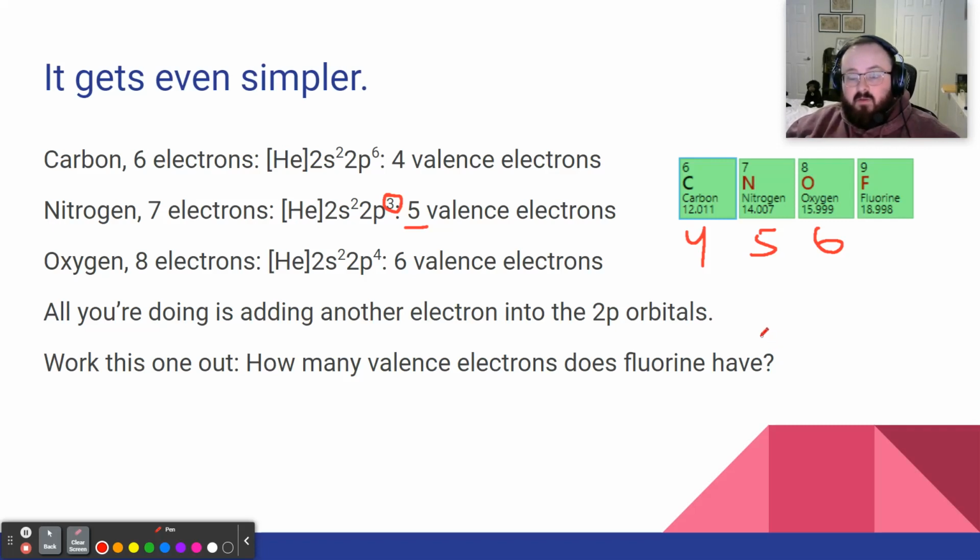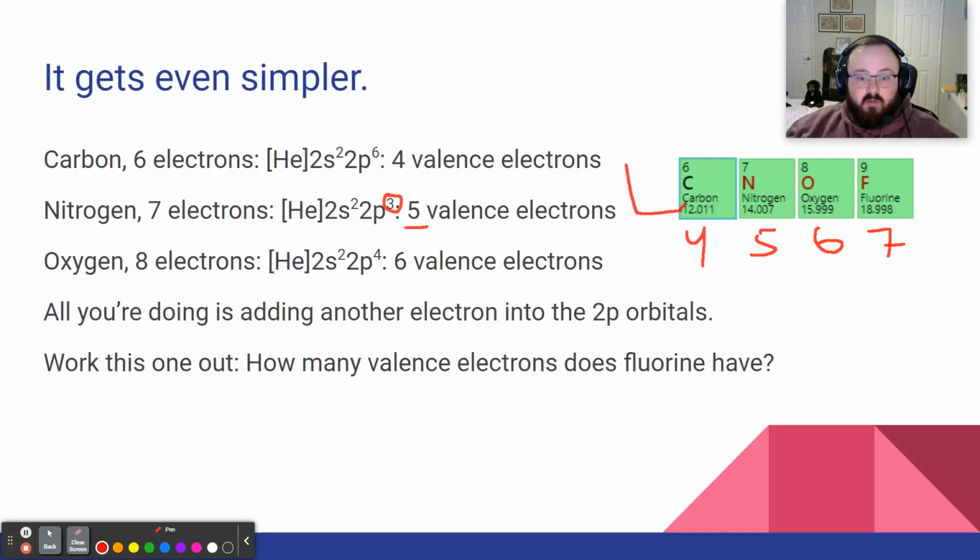You should be able to follow the pattern. How many valence electrons does fluorine have? I'm looking at you like it's Dora the Explorer. It's 7. Yay. Alright. Fluorine's got 7 valence electrons.